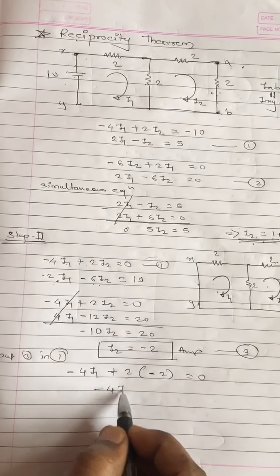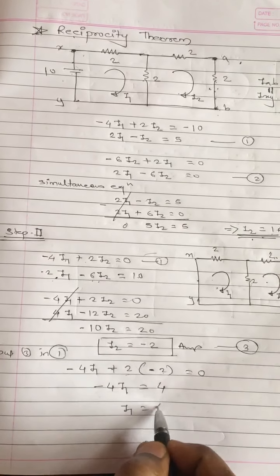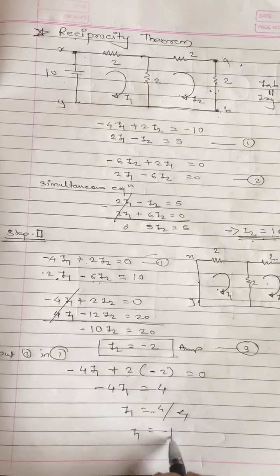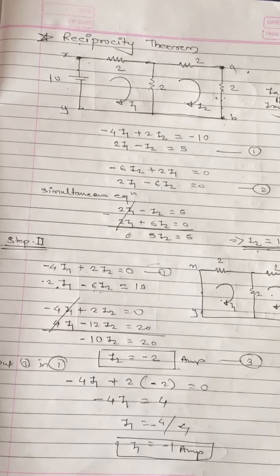So minus 4 I1 equal to minus 4. So I1 equals 4 divided by 4, I1 equal to minus 1. Okay, I1 is minus 1.